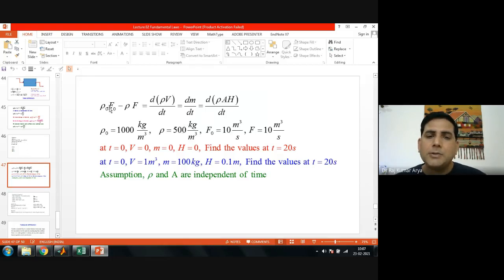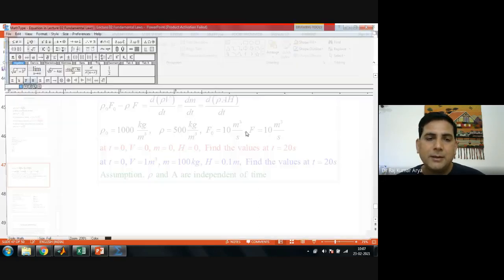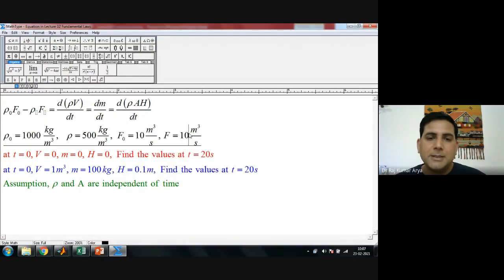We want to solve these equations by giving the variable names: rho naught density is this one, rho is 5000, f naught is this, f is this one. Currently these both are the same, so I can change f naught and f. I can change f, and make it 2.